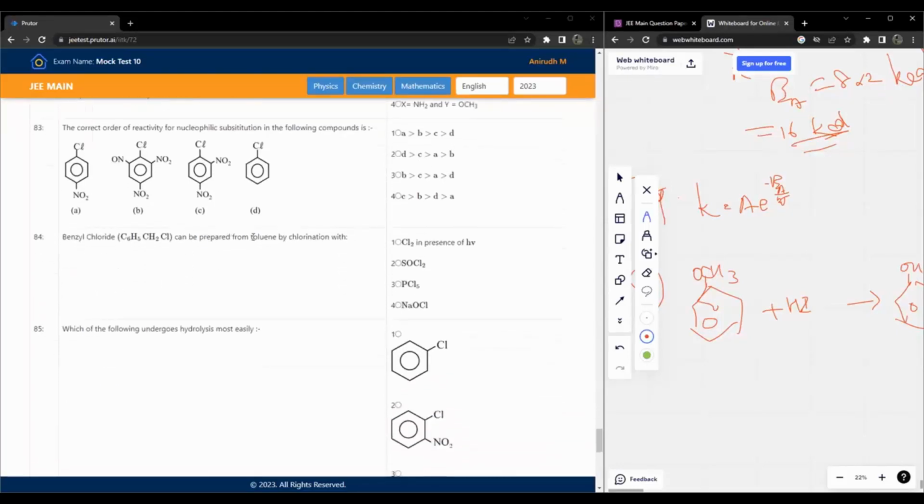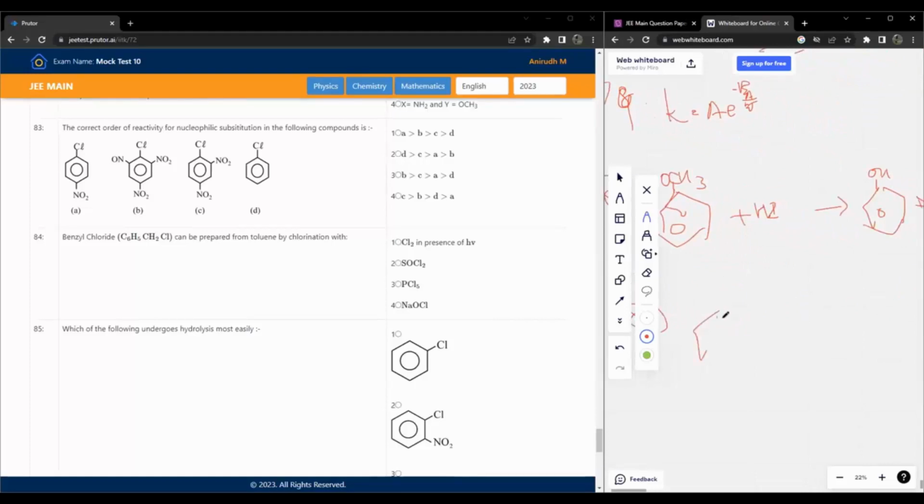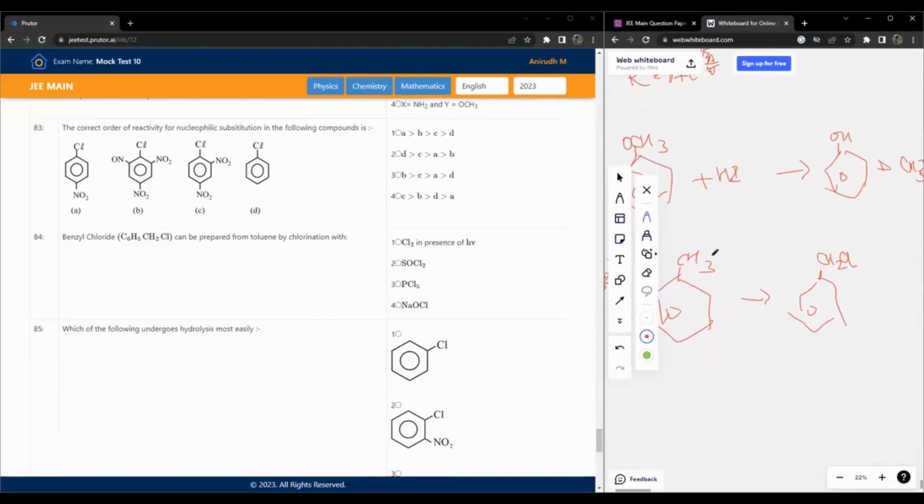Benzyl chloride prepared from toluene, simple. For 84, you have this compound. This is toluene, right? And so here you're going to prepare this compound. This is prepared by chlorination with Cl2 in the presence of sunlight, right?